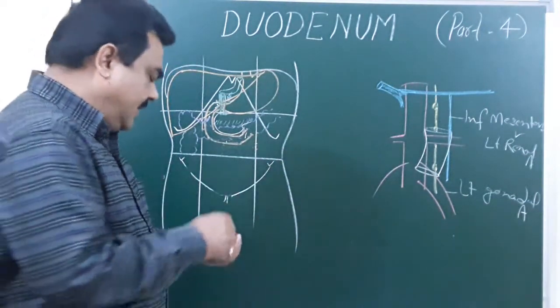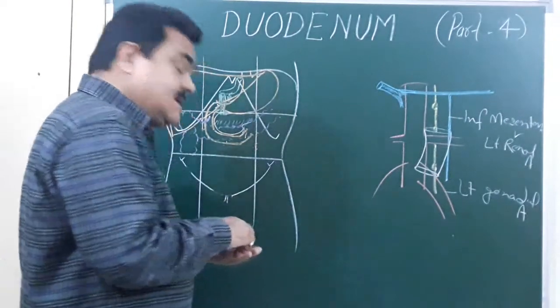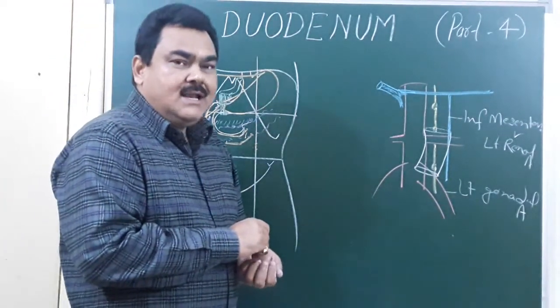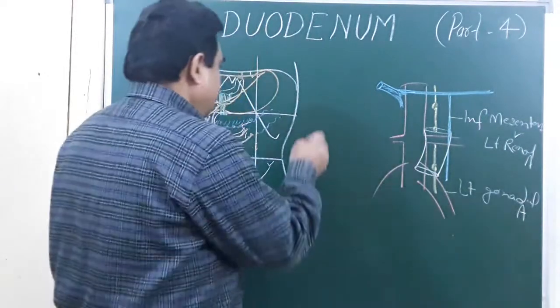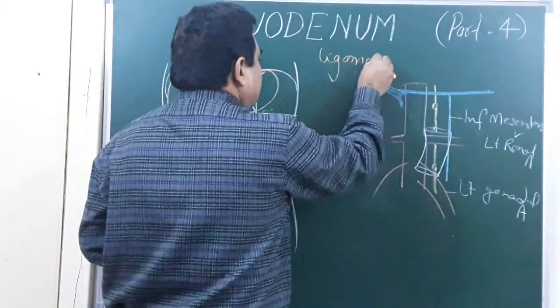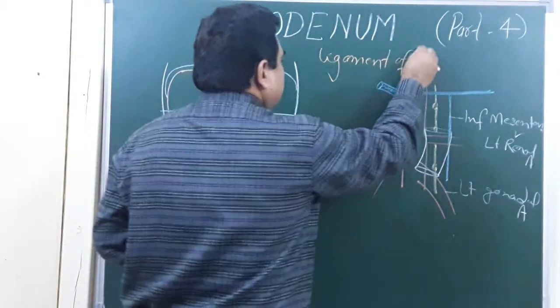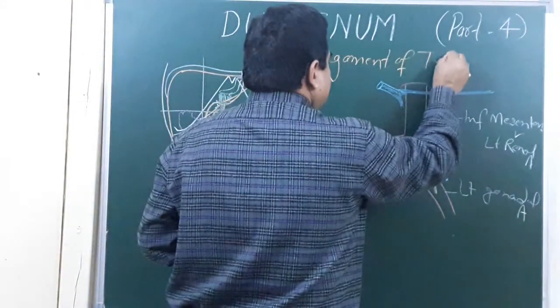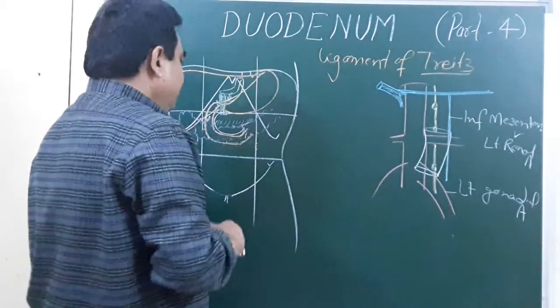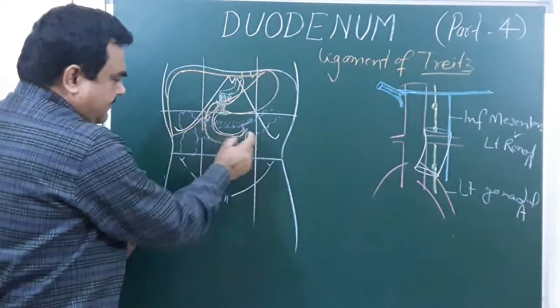Now one important thing, that is the suspensory ligament of the duodenum or ligament of Treitz.